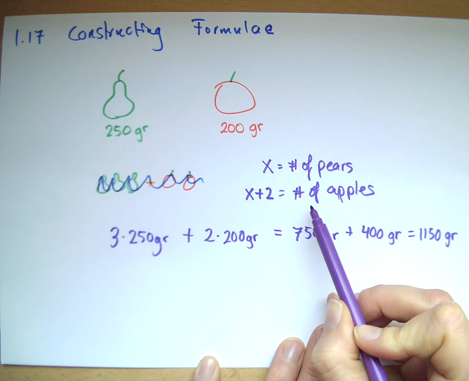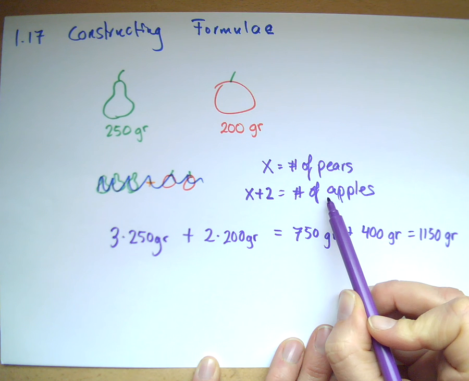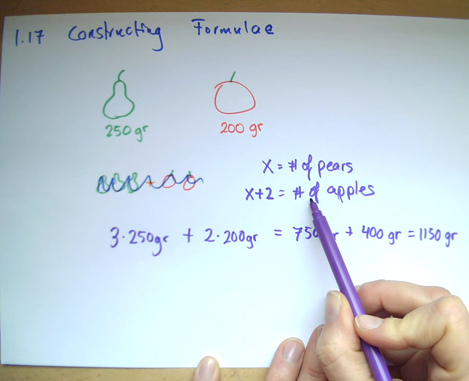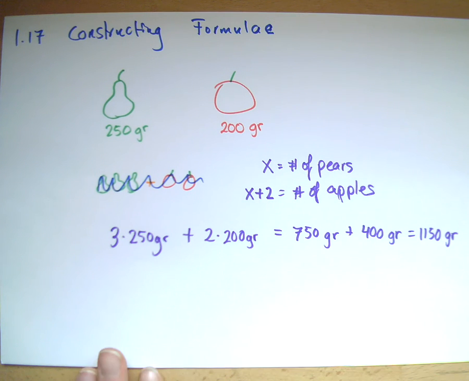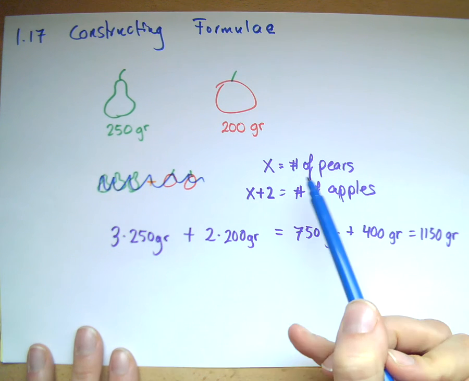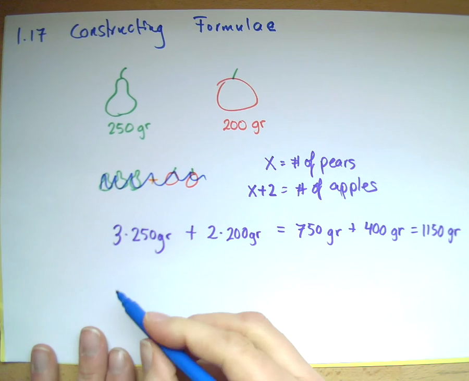Now, we can find a formula that'll tell us how much this is going to weigh, no matter how many pears we decide to get. The number of pears we get will determine how many apples we get, right? How much is this going to weigh?